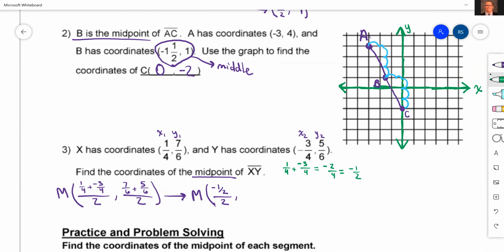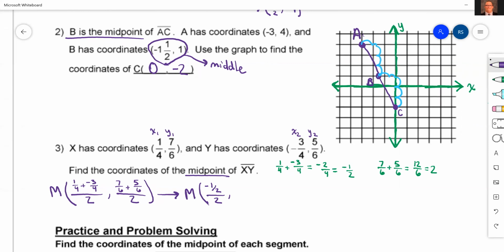Now let's look at our other one. 7/6 plus 5/6. 7 plus 5 is 12. 12 over 6 is 2. Okay? Then we're going to have 2 over 2 there.